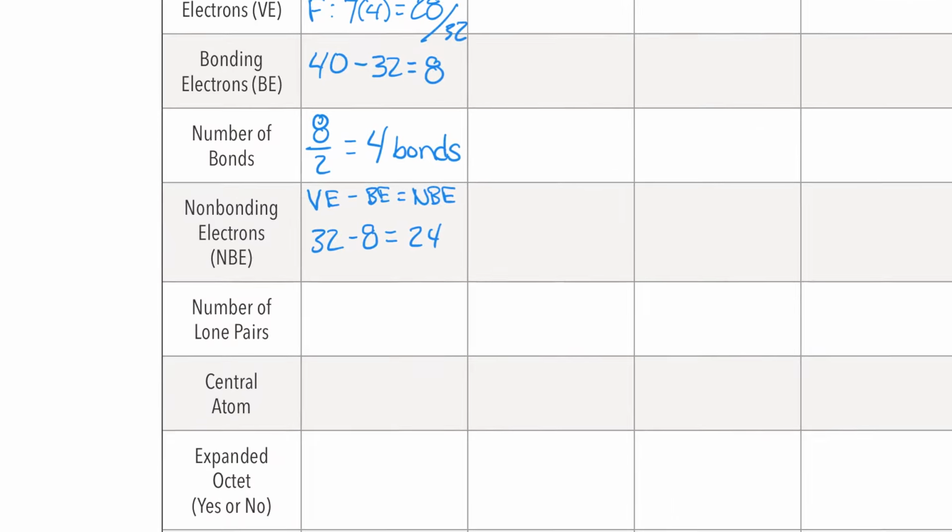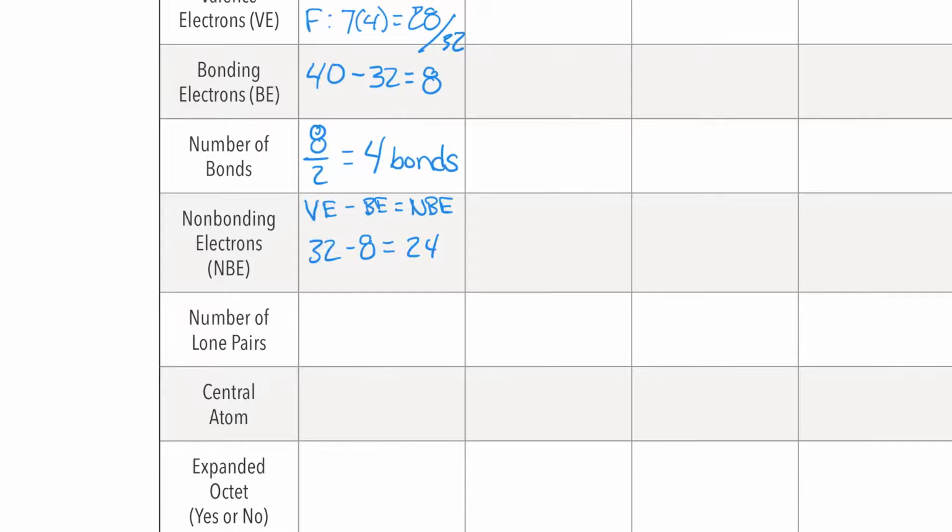In our Lewis structure, every electron is paired up, so our non-bonding electrons will be paired together in lone pairs. We've got 24 non-bonding electrons divided by 2, which gives us 12 lone pairs.